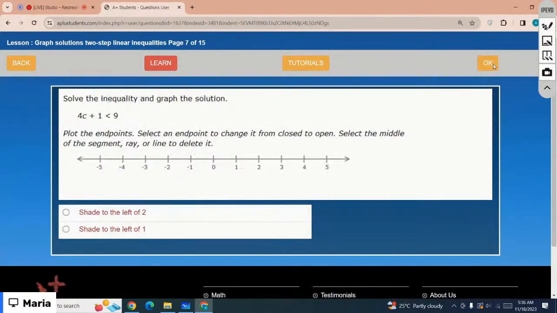Solve the inequality. The correct option is shade to the left of 2. Option number 1 is the correct option.